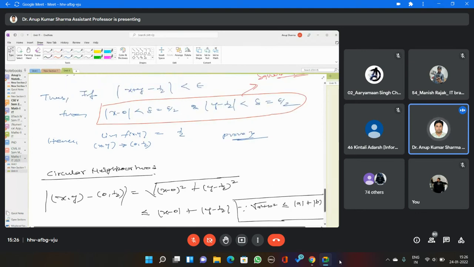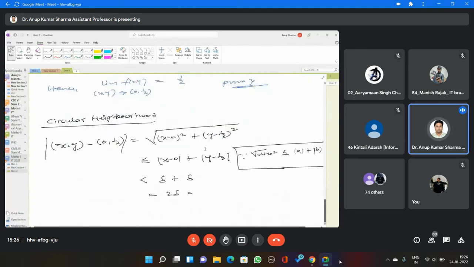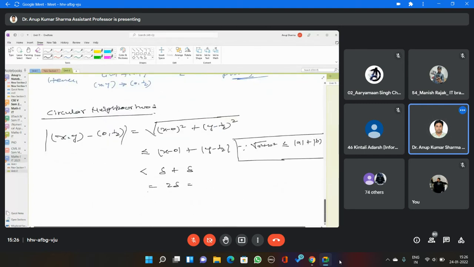Sorry, what we assume here is delta and delta each epsilon by 2, so 2 into epsilon by 2 is equal to epsilon. These come from the same manner of that function.